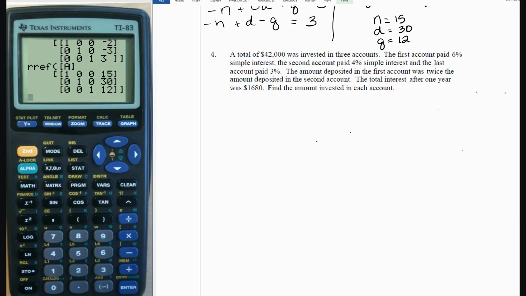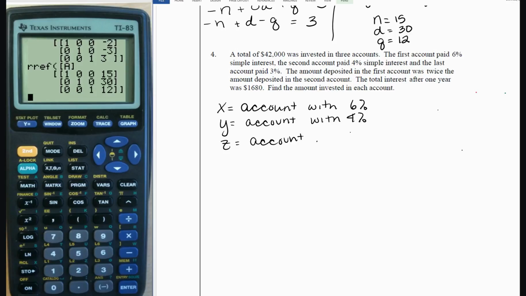Now, since there's no good letters really to do this, I'm going to let X be the first account, the account with 6% interest. Y will be the account with 4% interest, and we'll let Z be the amount in the account with 3%.